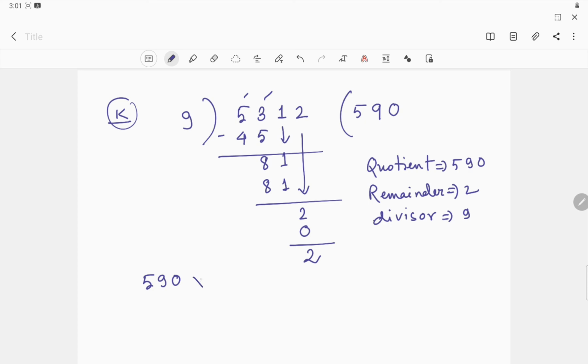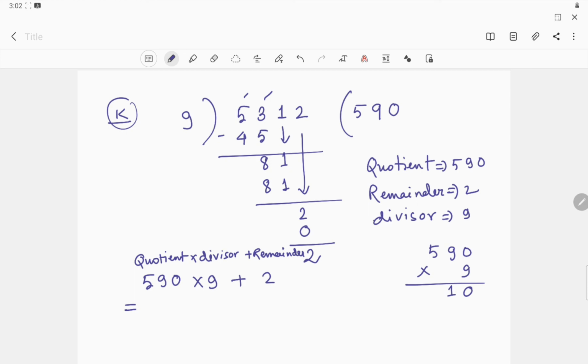590 into divisor, that is 9, plus 2, that is quotient into divisor plus remainder. Okay, let's multiply 590 by 9. 9 zeros are 0, 9 9s are 81, so put 1 and carry 8.